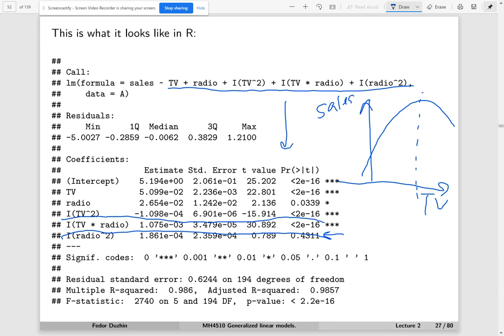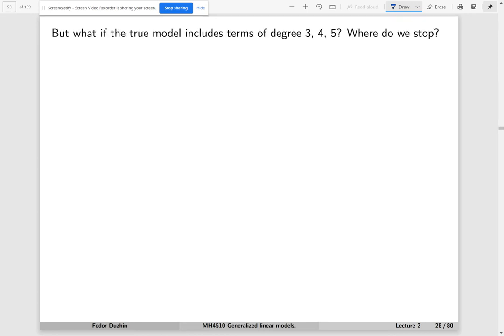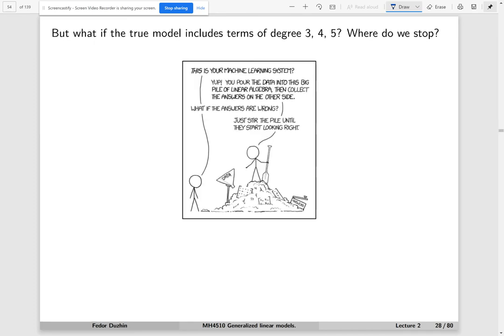I mean, there is no well-defined procedure to do it, to always find the answer. Right? And what if the true model includes terms of degree 3, 4, 5, and so on? Where do we stop? Basically, the idea here is that you just need to look for meaning. If you can interpret this polynomial regression, then so be it, go ahead with this.